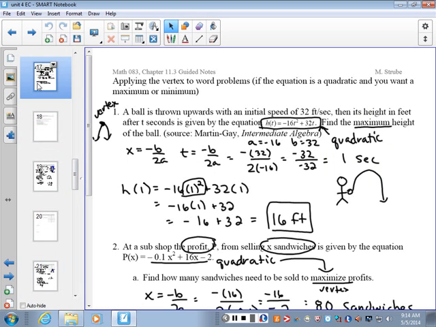You're going to have multiple types of word problems on here. So it's not just going to be, oh, I know when I see a word problem, I do this. Different type: max or minimum. On a quadratic, what's that point called? Vertex. So if you have a word problem that asks you for a maximum or minimum, you're looking for the vertex. That was the other important part of 11.3.